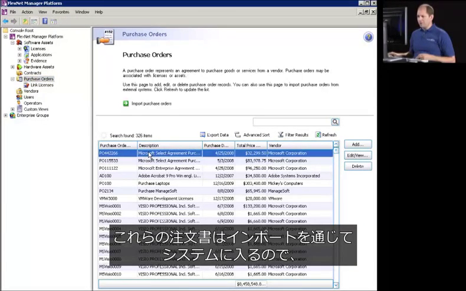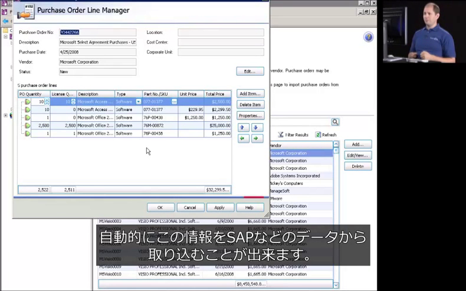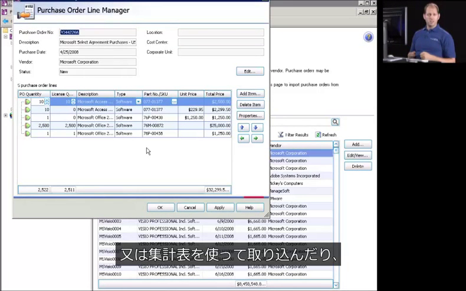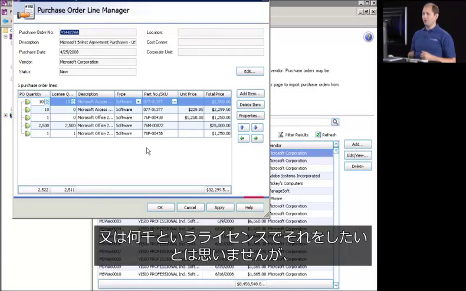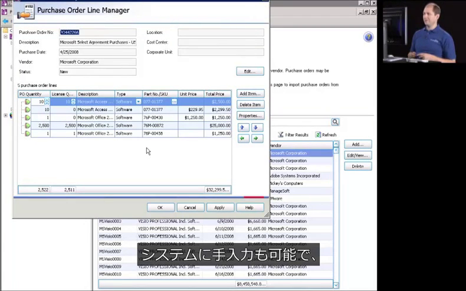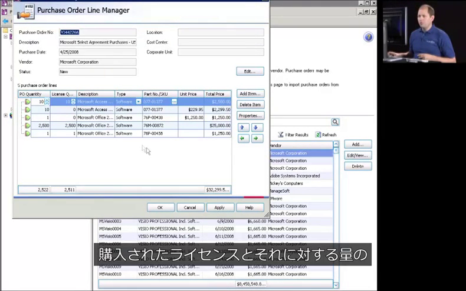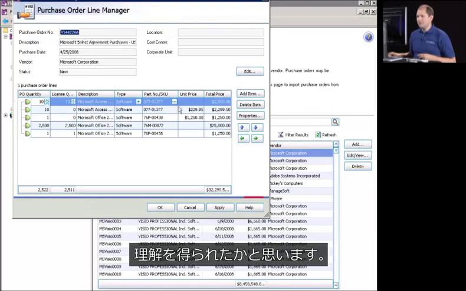So these purchase orders come into the system through imports, so we can automatically bring this information from a source of data, such as SAP, or we could bring it in using a spreadsheet, or it could be manually typed into the system, although I'm sure you don't want to do that with thousands of licenses. And so we get then an understanding of the licenses that have been bought and the quantities against them.